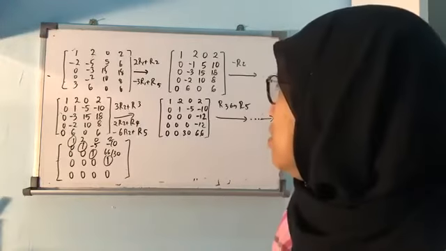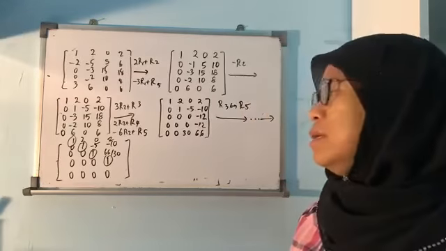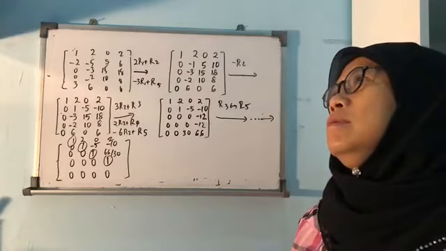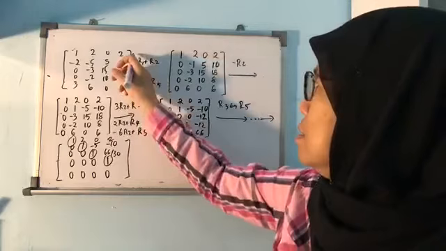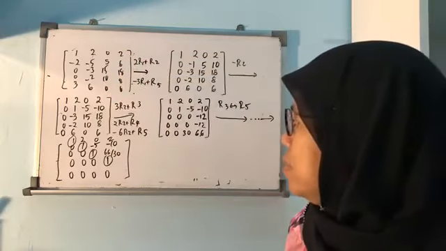Okay. The one that I missed here is to see the spanning, right? We have to have x1, x2, x3, x4, x5.